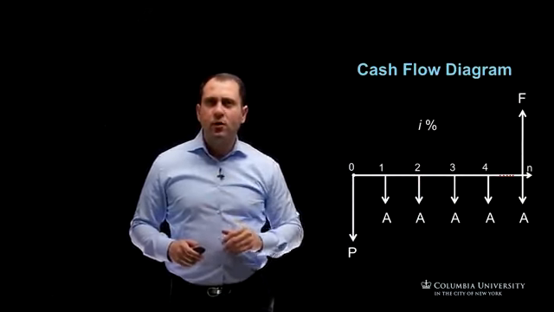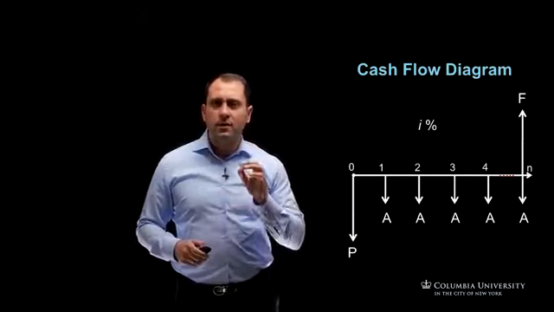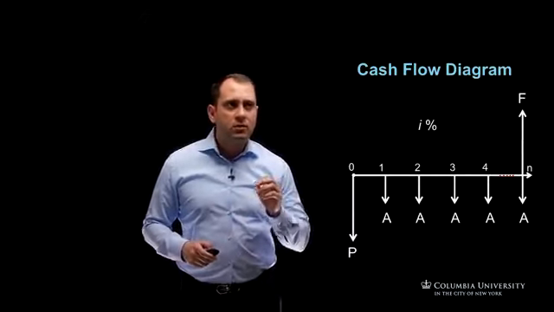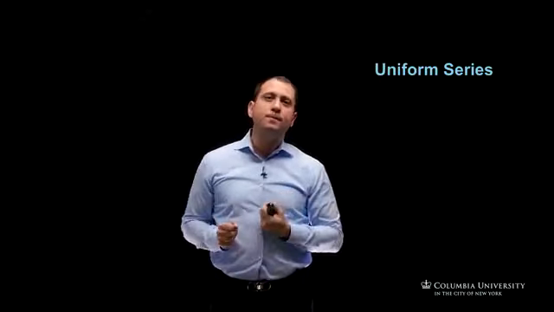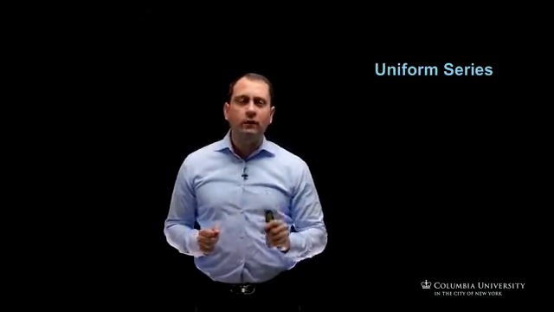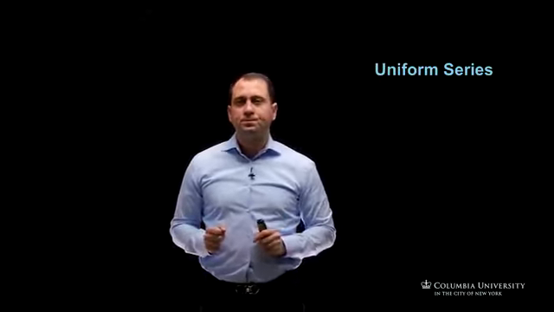So let's move forward to focus on the next topic, which is the uniform series values. The definition of a uniform series is a series of equal payments or receipts, paid out or received in a sequence over a period of time.